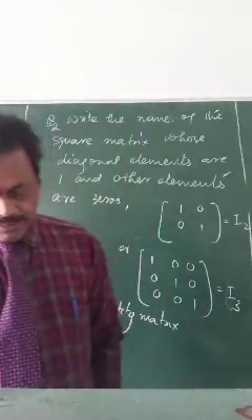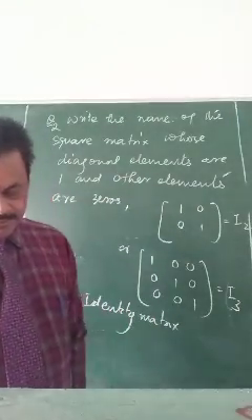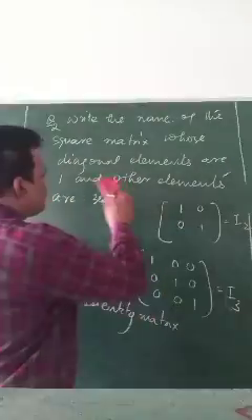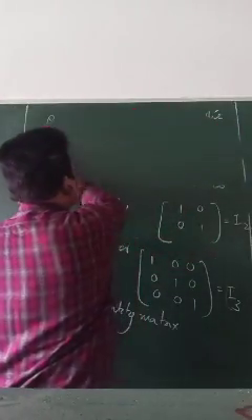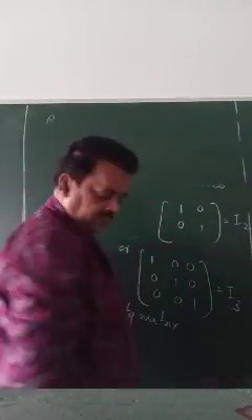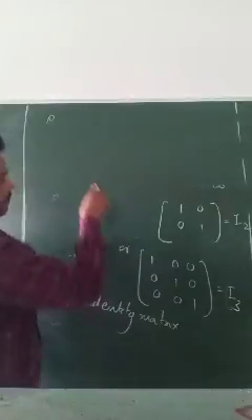Then, A and B are two matrices of the same order. What a tricky question, you see.